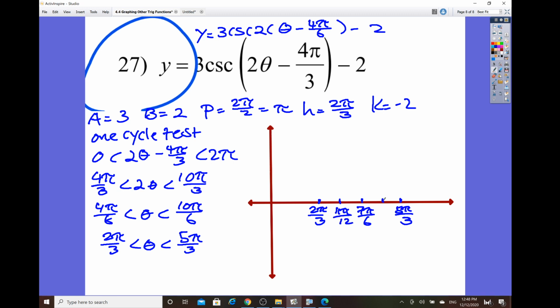And then right here, combine them. So this one is 10 pi over 6, 17 pi over 12. Because that's 7 pi over 6 plus 10 pi over 6. So 17 pi over 6 divided by 2, 17 pi over 12.